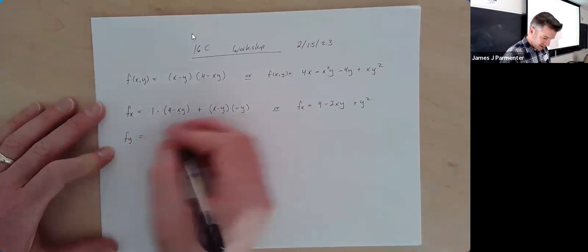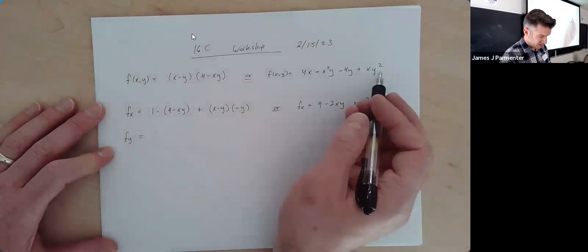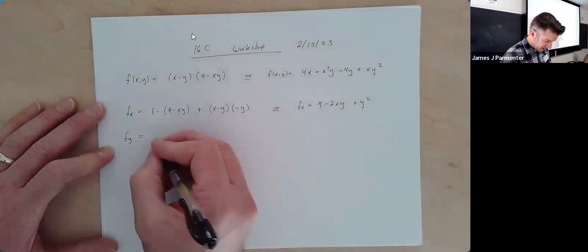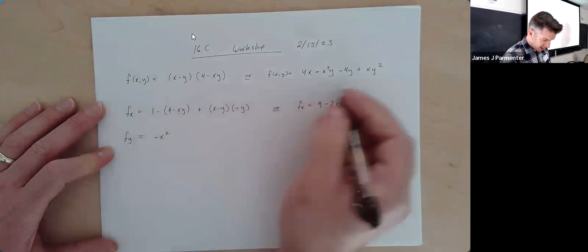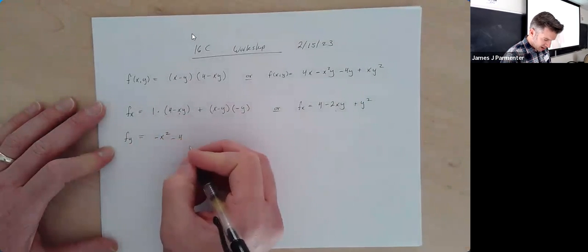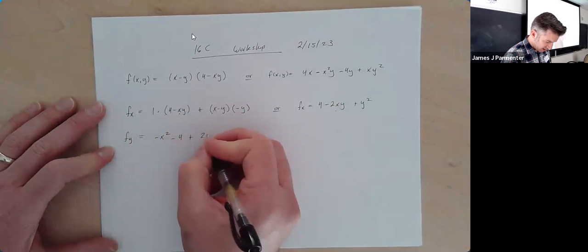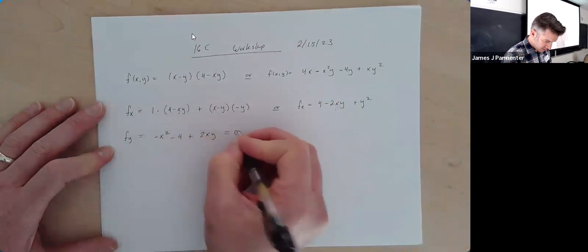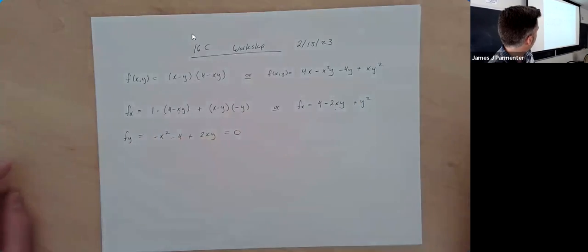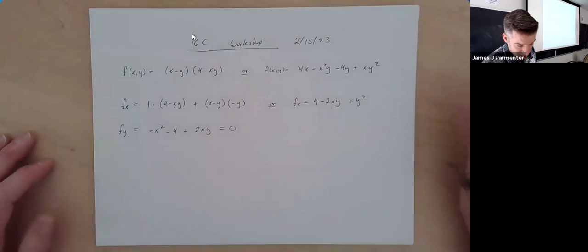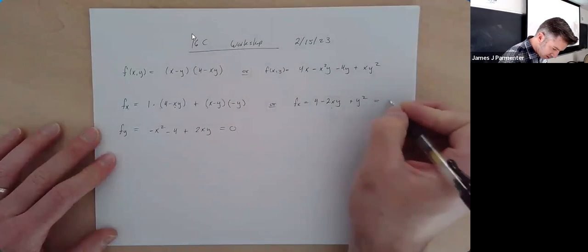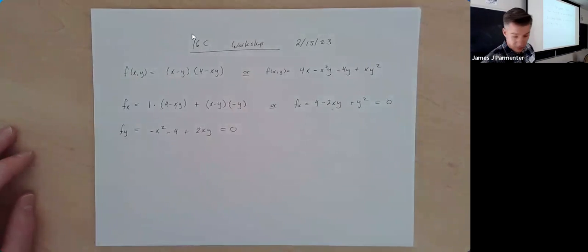Let's look at the other partial. So we've got fy, and taking the partial with respect to y, we're going to get a negative x squared, a negative 4, and a plus 2xy. I see why you are curious about this one, because this looks challenging to solve for the critical points.